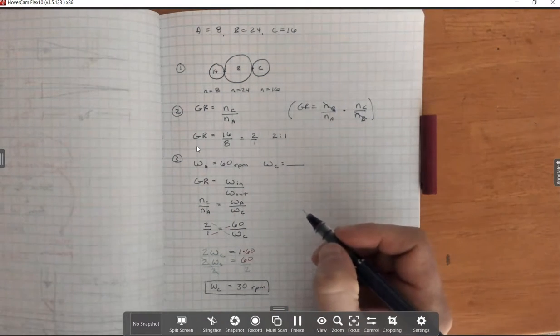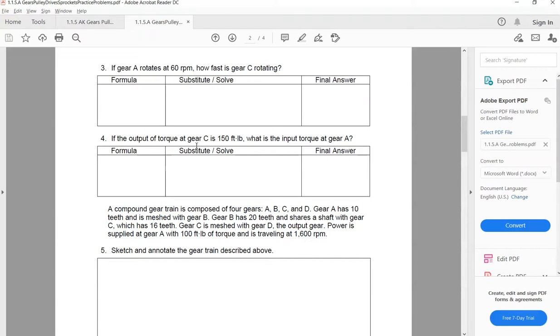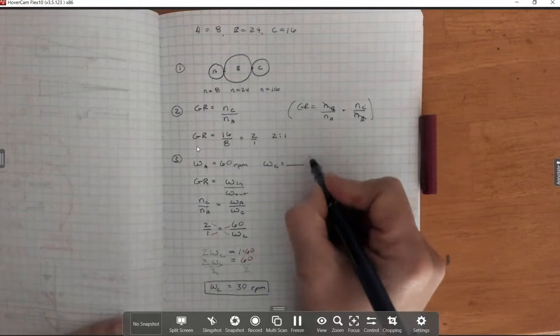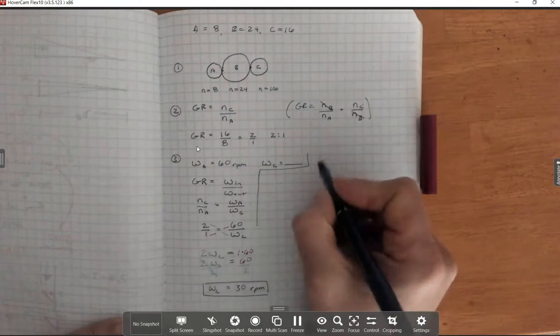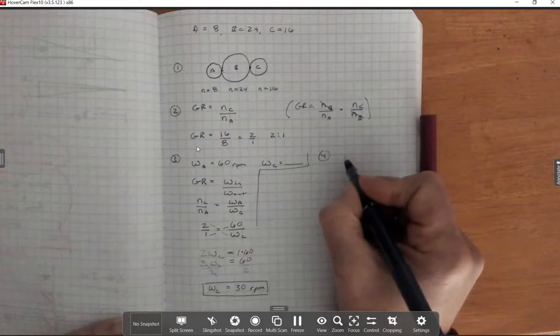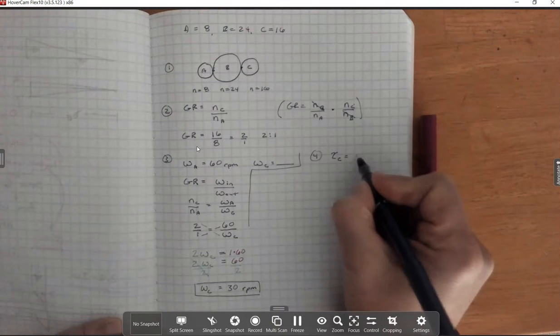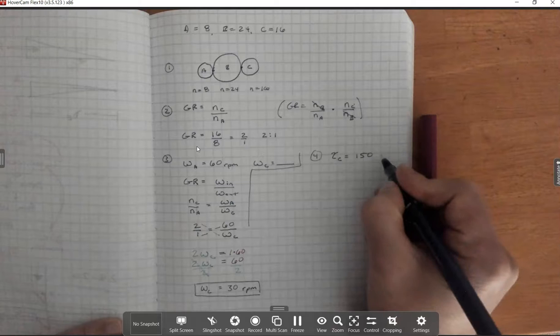All right, the next question, number 4, says if the output torque at gear C is 150 foot-pounds, then what was the input torque at gear A? So number 4, torque at C is 150 foot-pounds.